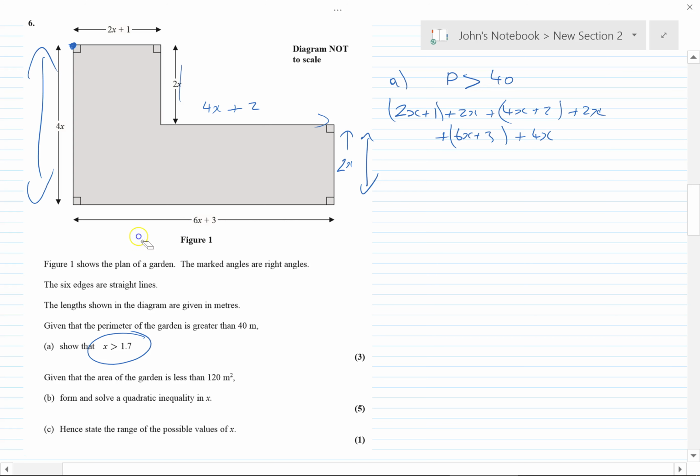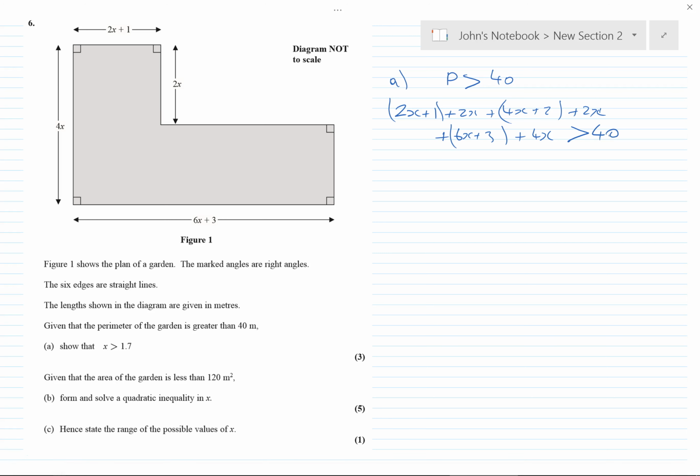And we're back round. I seem to remember years ago calling it the blob method when I was teaching much lower down. Greater than 40. Teaching a few year 7s many years ago, I seem to remember doing something like that. Anyway, gathering all our x's together, we've got 2x plus 2x plus 4x plus 2x plus 6x plus 4x.